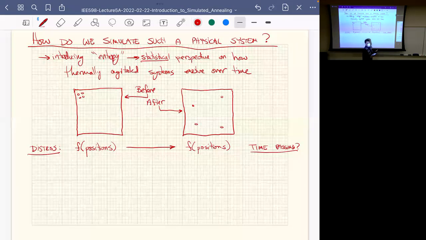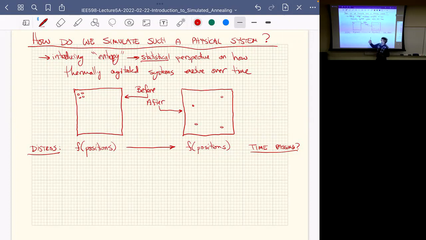It really comes down to statistics. The reason why we think this is earlier than this has to do with how likely it would be for this configuration to move into this configuration versus how likely it would be for this configuration to move into this configuration.